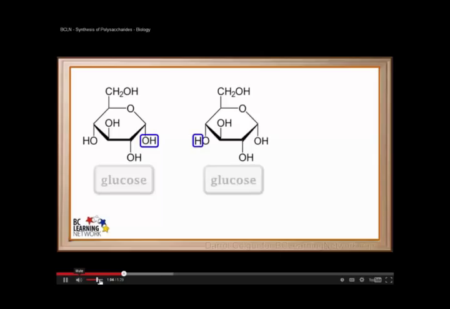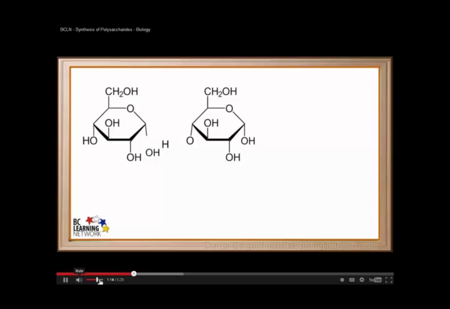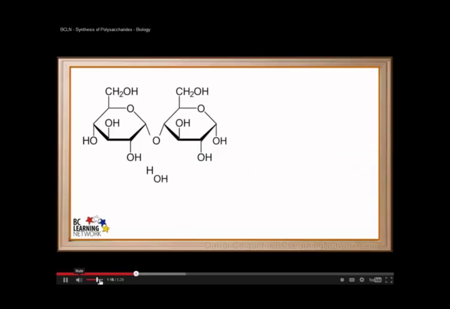An enzyme in plants enables two glucose molecules to join together. Let's have a look at this. We can imagine the H and the OH coming off and the two molecules moving together. We should point out here that the actual mechanism for this is much more complex and involves enzymes. The simplified animation here just helps us visualize how the two glucose molecules can bond together.